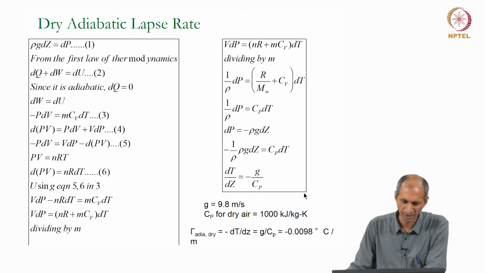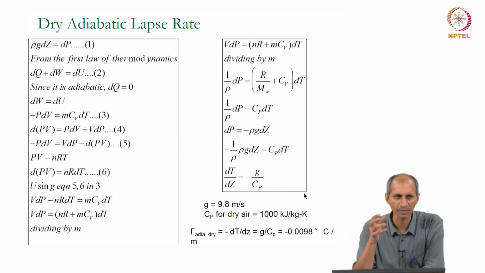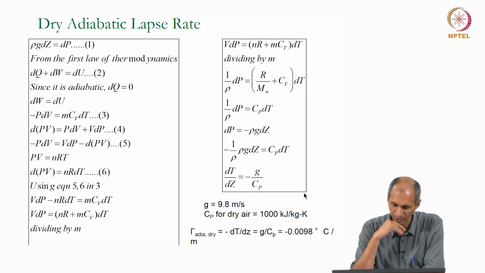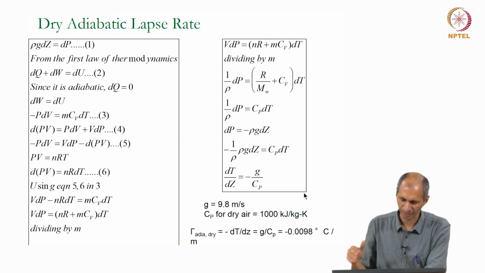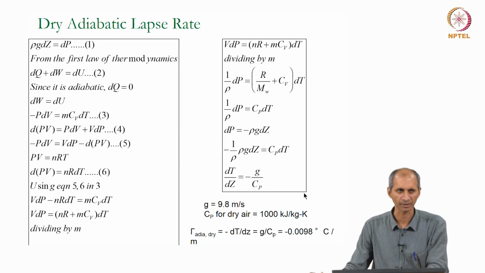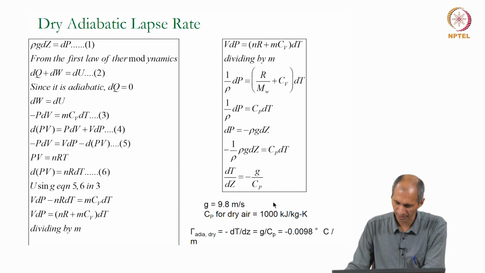This also has assumptions that when the parcel is moving up, there is no heat transfer, it happens very quickly. That is the assumption of adiabatic, that it is insulated. So, there is no heat transfer from the surroundings, there is only a buoyancy effect, that is all. So, the density is changing based on that.